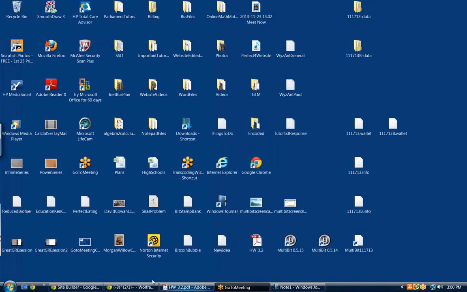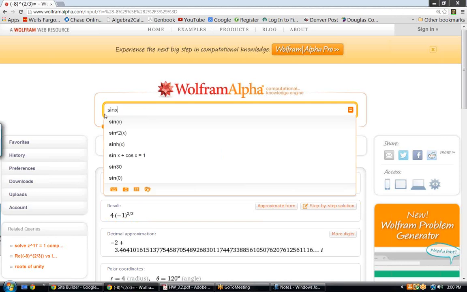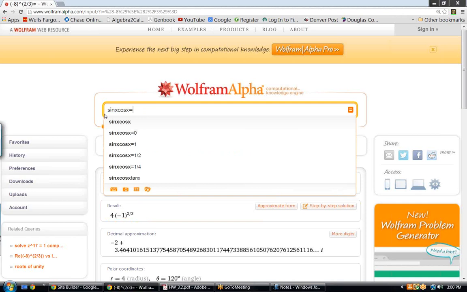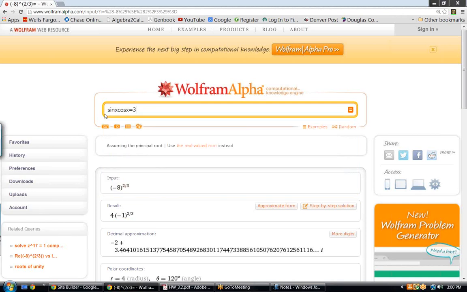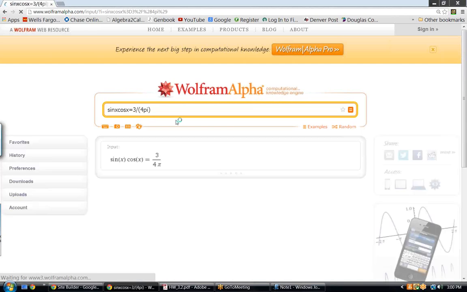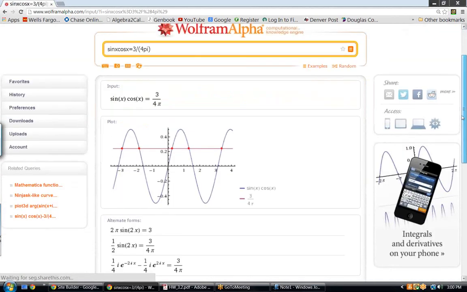Or I can do it on Wolfram Alpha by saying sine x cosine x equals 3 divided by the quantity 4 times pi. And Wolfram Alpha gives you the zeros also. Beautiful program.